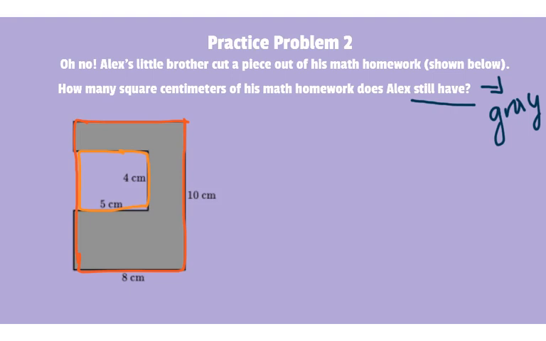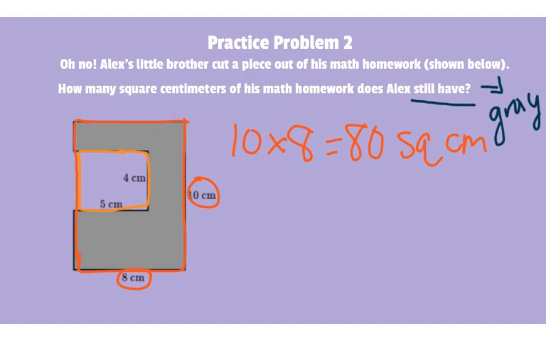Okay. Now I'm going to find the area of the whole red area. So again, length 10 times the width 8. Notice how again that length always goes up and down and the width goes side to side. 10 times 8 is 80 square centimeters in this problem.